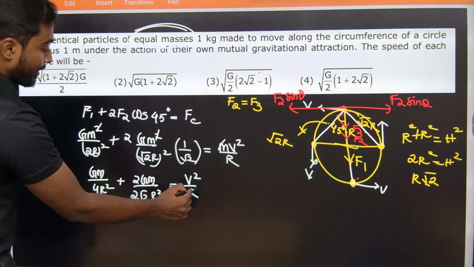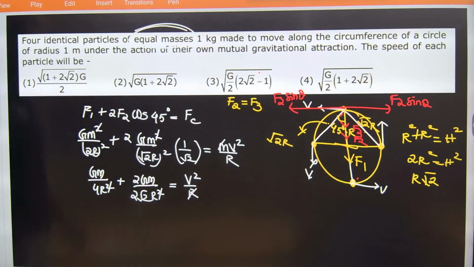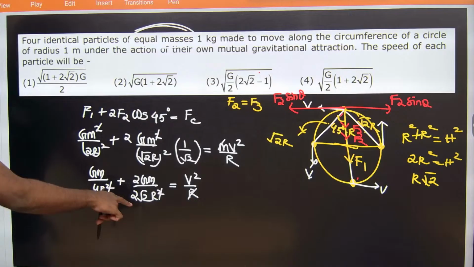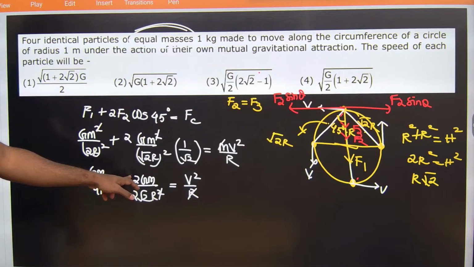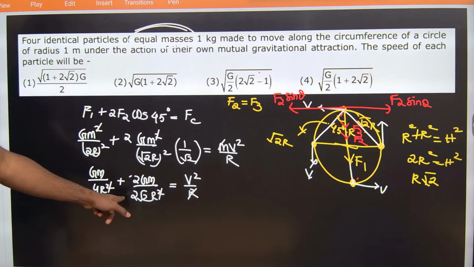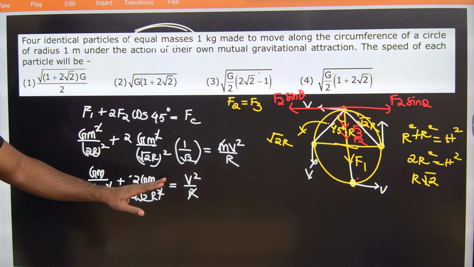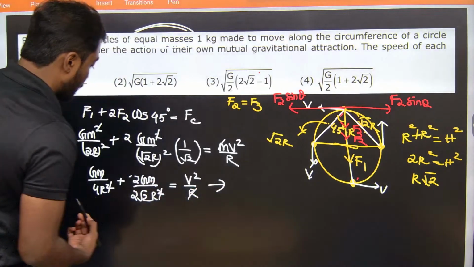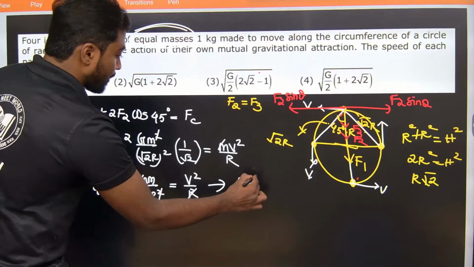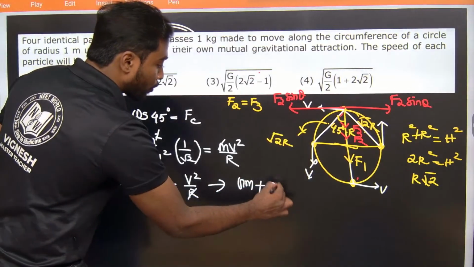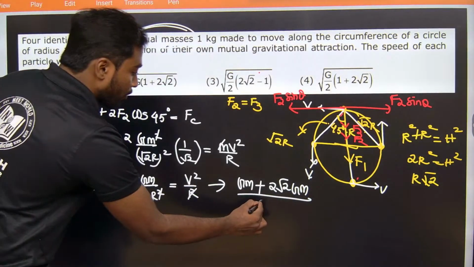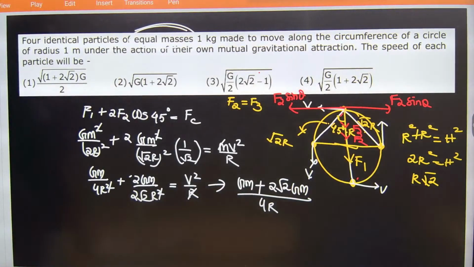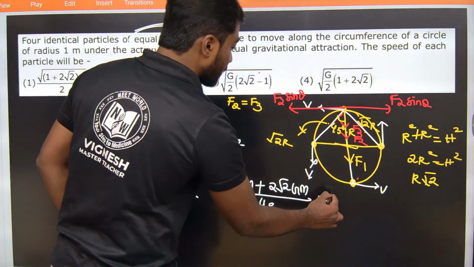I can cancel one r. The denominator I should take as 4, so multiply by root 2 by root 2. Root 2 will become 2, and 2 times 2 is 4. So from this equation I can write G m plus 2 root 2 G m by 4 r should be equal to v square.